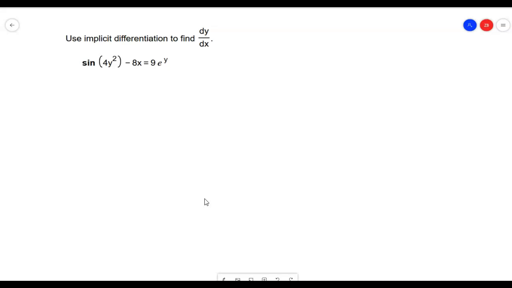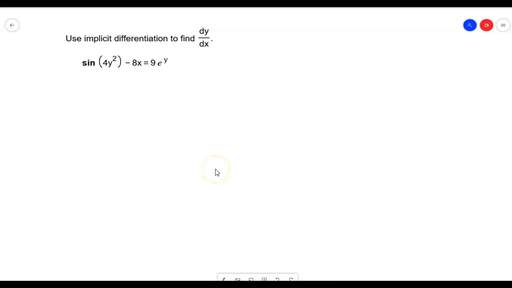It's really the same process, except the only difference is that every time we get to a term that has a y in it, we have to add a dy, basically a derivative of y there. And I'll show you what I mean.